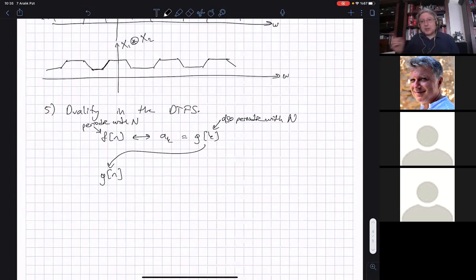It was previously the Fourier series coefficient, a signal in the frequency domain corresponding to the harmonics, but now I say it's the signal itself, the discrete time signal, which, since it is periodic, will also have Fourier series coefficients that we call b_k's, which are also periodic by capital N, and these b_k's are related to 1 over capital N times f of minus k.